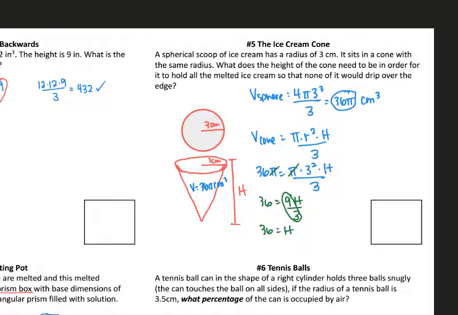So this is going to be 3h. And then last thing, divide both sides by 3. So the height of the cone is going to have to be 12, and our units are going to be centimeters.